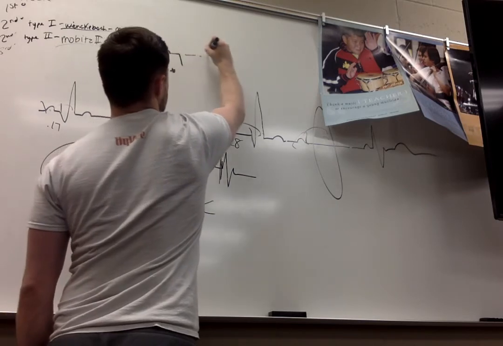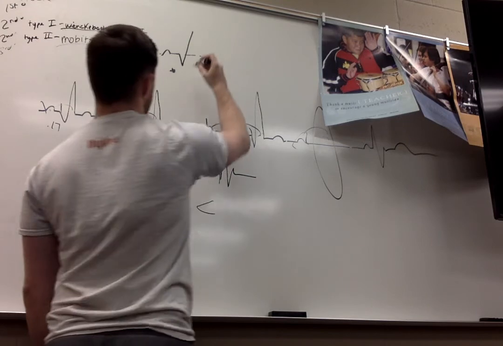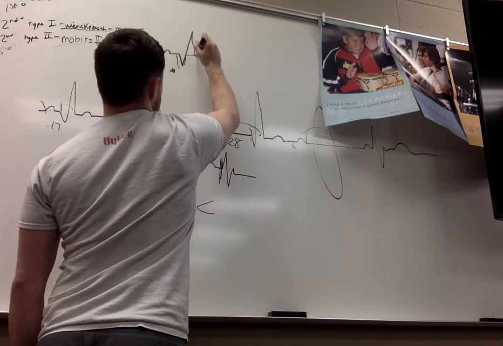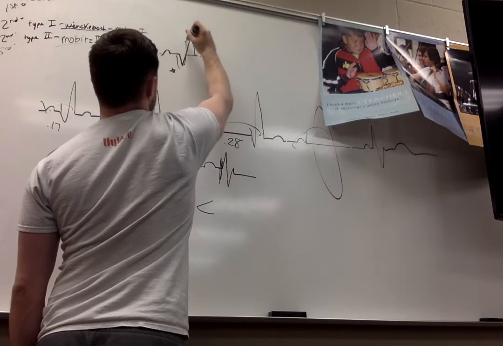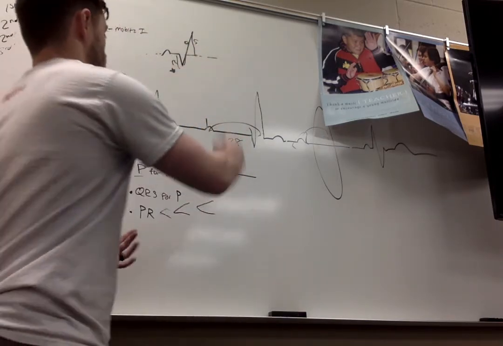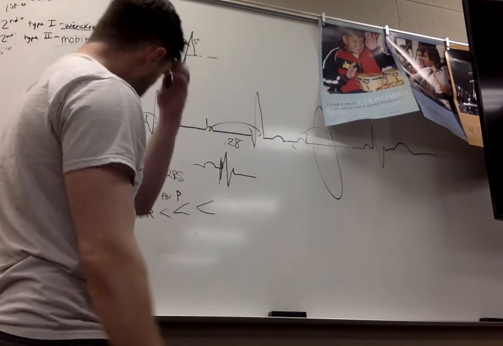Here's your baseline. The R wave is the first upward deflection above the baseline, and then a deflection back towards the baseline. This is the S wave. This is your Q. This is your R. So really they should call it QRS. Sorry, my bad.